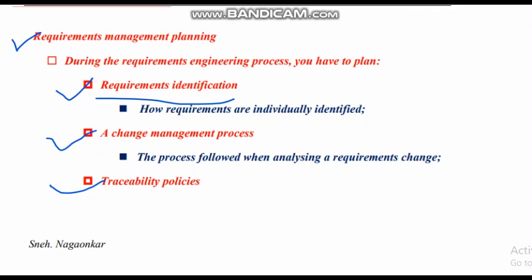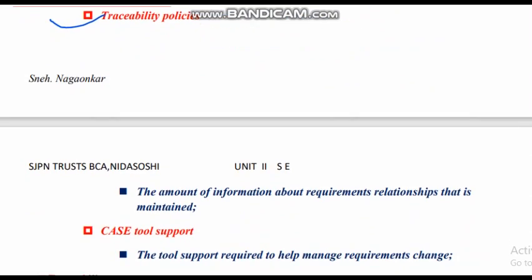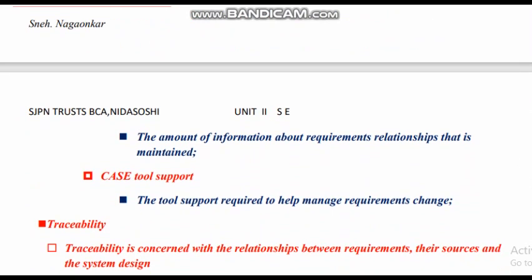Here you identify each individual requirement. Then in the change management process you follow one process to see why the requirements are going to change. Then you have a traceability matrix, the amount of information about requirements relationships that is maintained, so you form a relationship between a requirement or set of requirements.